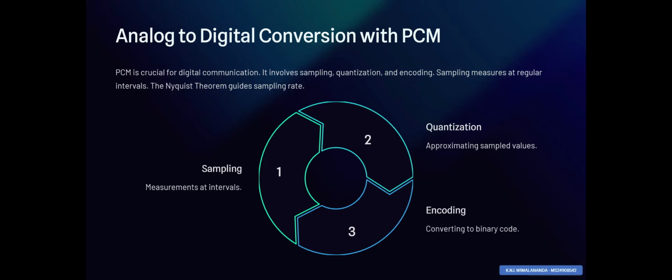And then next, the quantization, it approximates the sample to the nearest predefined level, introducing some error. And then finally, encoding converts these quantized values into binary code that computers can process.